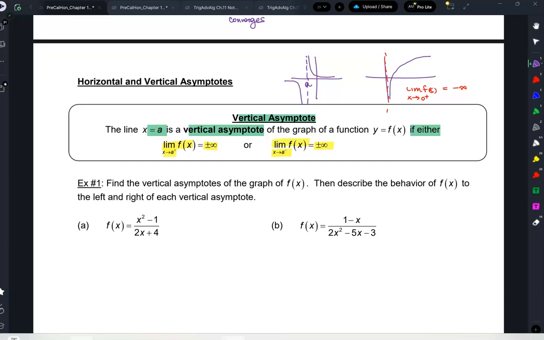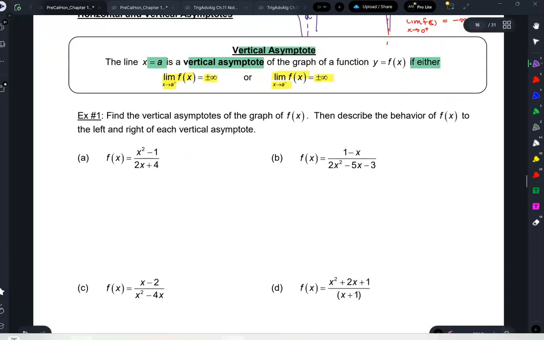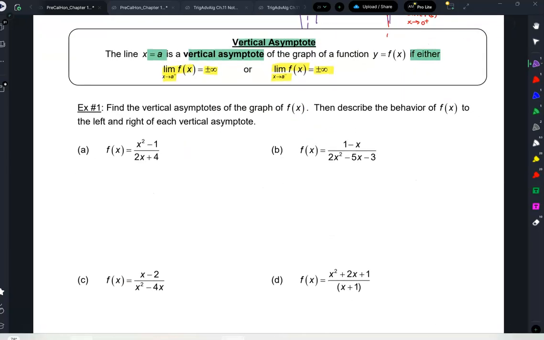Right, so here, find the vertical asymptotes of this graph, then describe the behavior to the left and right of each vertical asymptote. So we know that if you have the equation of a graph, it will be a vertical asymptote if there is a point that makes the denominator 0, right? Now, the denominator is 0 at points where there is any discontinuity.